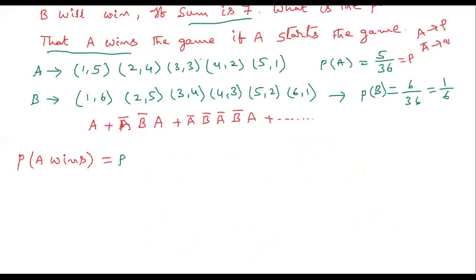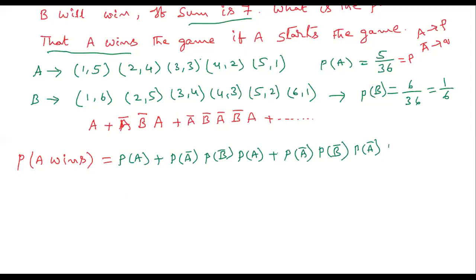First one is P of A, plus second one P of A complement P of B complement into P of A, plus P of A complement P of B complement P of A complement P of B complement P of A, and so on and so on.